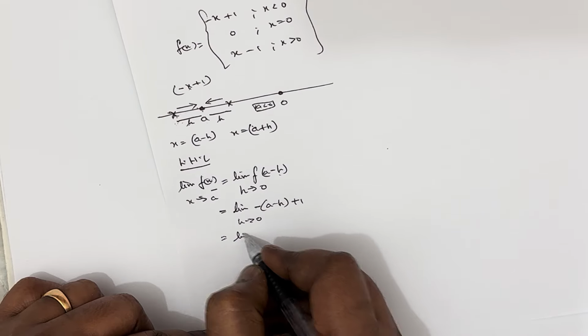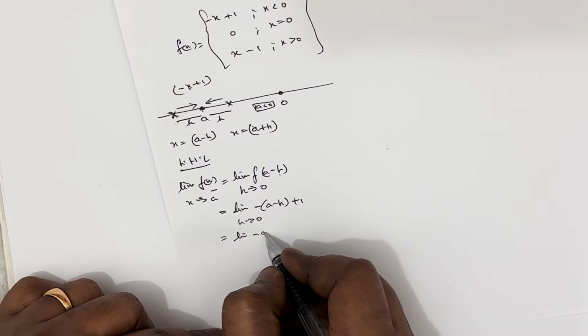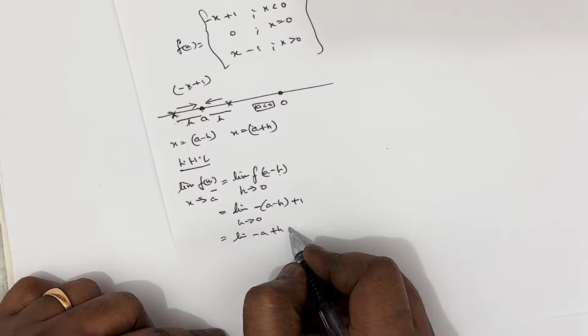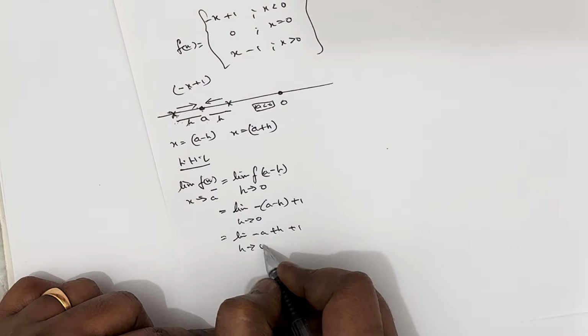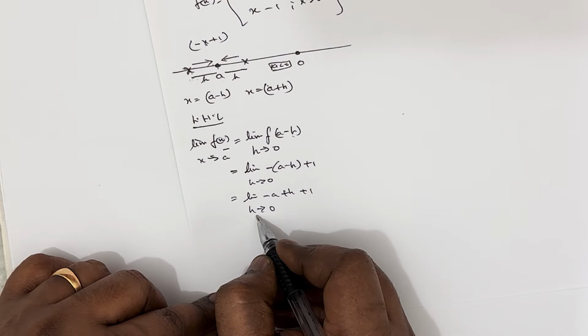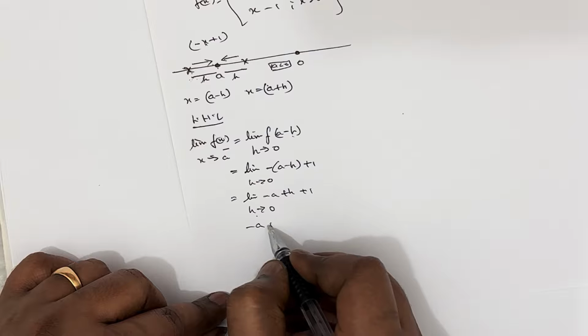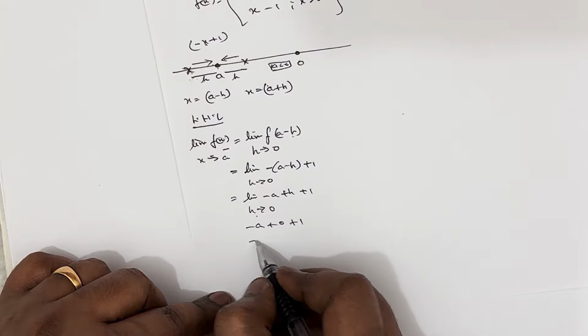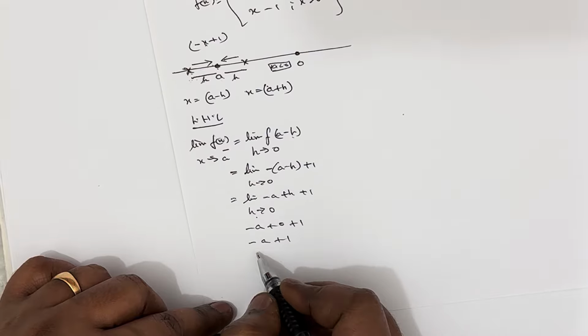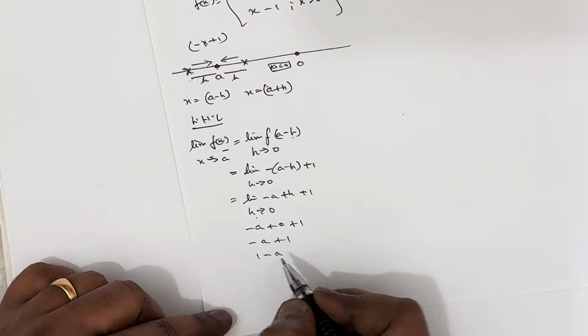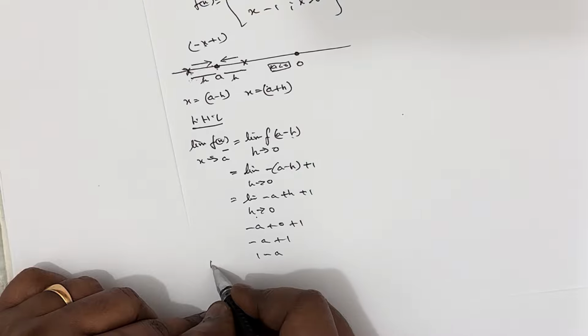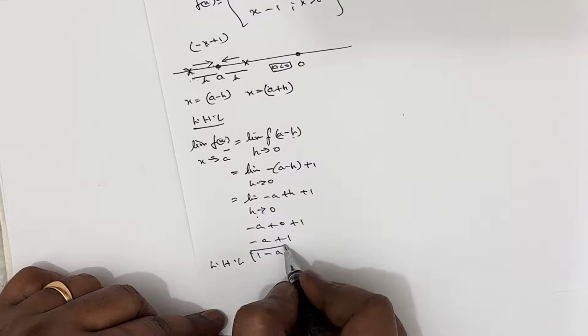This can be written as limit of minus a plus h plus 1 as h tends to 0. Putting the value of h, we get minus a plus 0 plus 1, or minus a plus 1, which can be written as 1 minus a. So this is the LHL, the left hand limit.